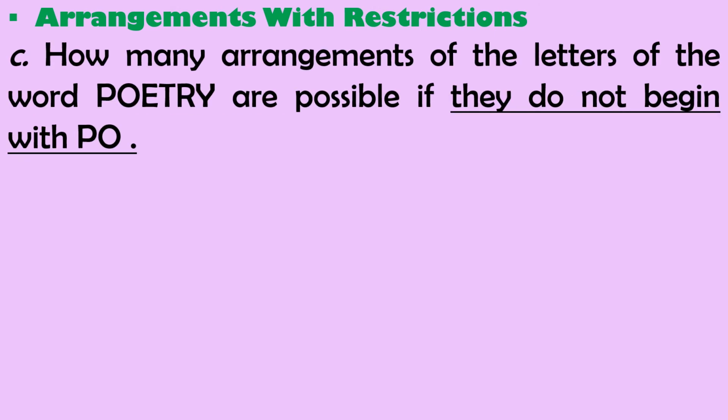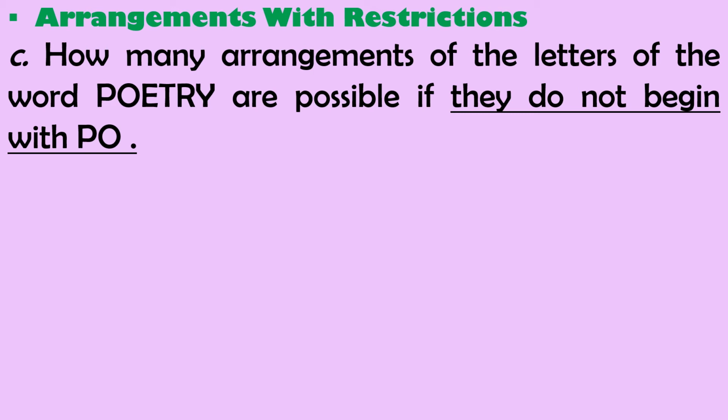Before I proceed to our next example, I hope that you still remember our examples for letter A and letter B because they are related to our next example. How many arrangements of the letters of the word poetry are possible if they do not begin with PO?